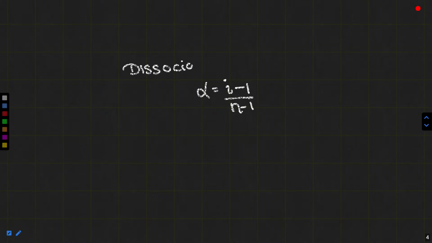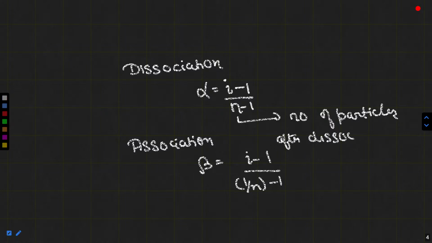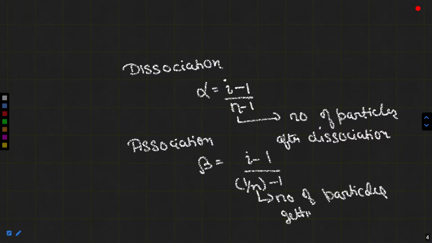For association, if I represent it by beta instead of alpha, it will be (i minus 1) by (1 by n minus 1), where n is the number of particles after dissociation, meaning how many particles are being produced, and here the number of particles getting associated.